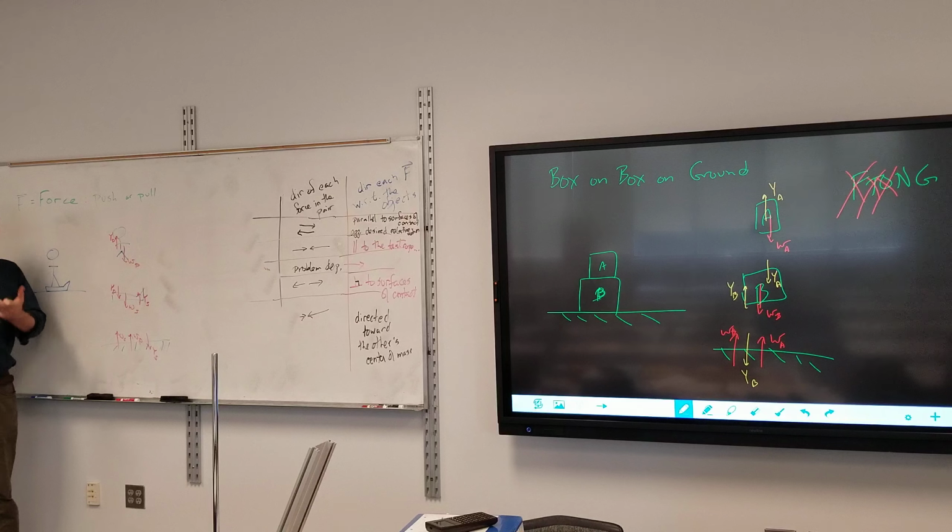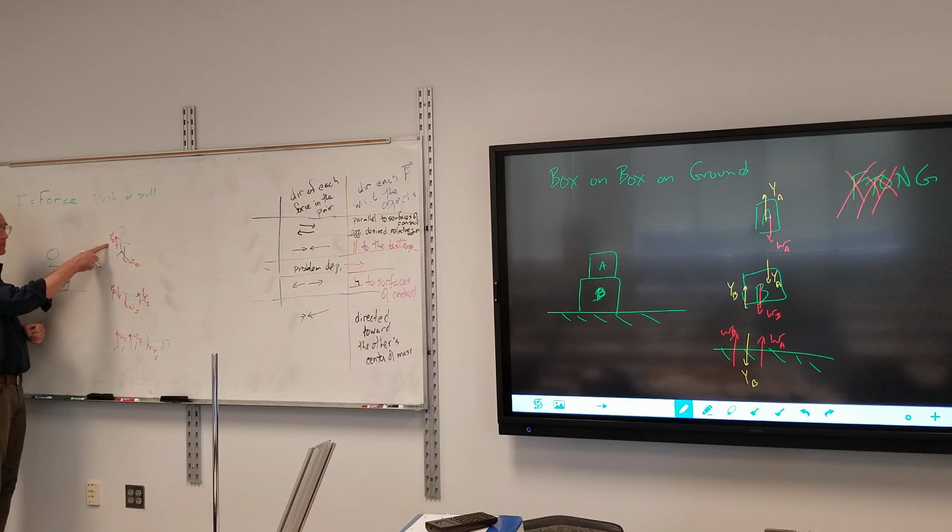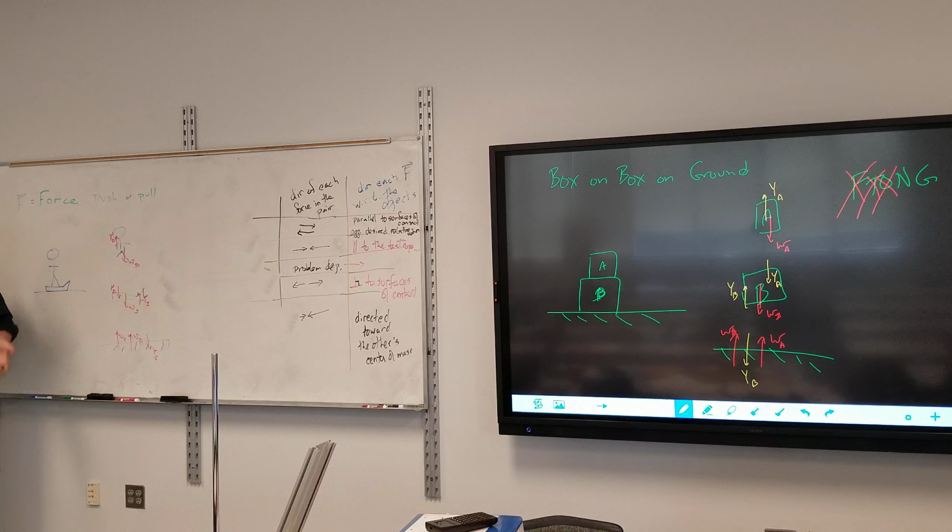If I'm accelerating upwards, normal force is bigger than my weight. As I land, I'm moving in that direction and slowing down. Therefore, my acceleration is that way, opposite of velocity. And if my acceleration is that way, this has to be bigger than that.